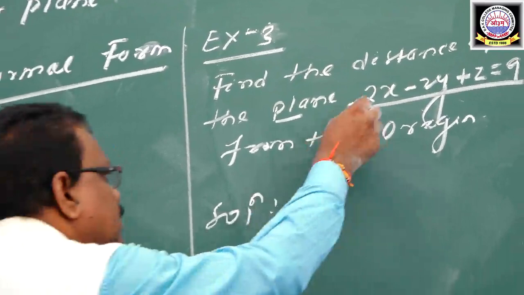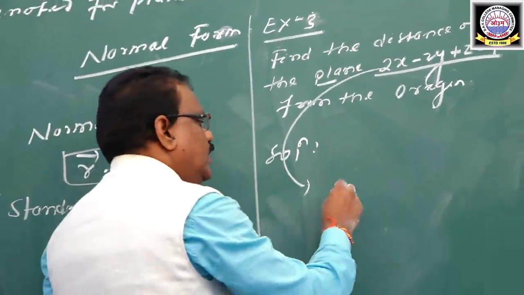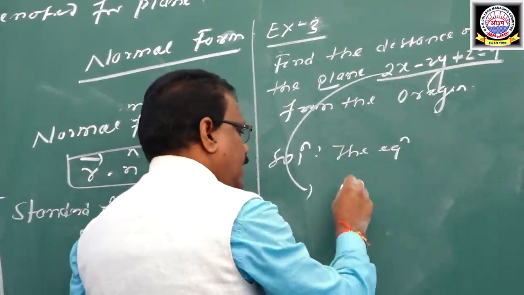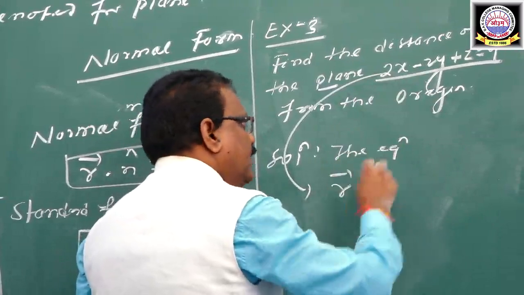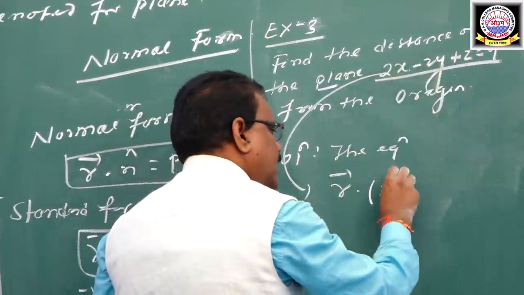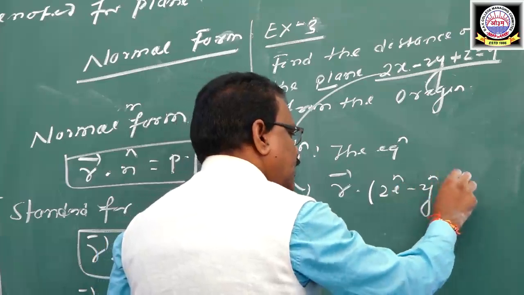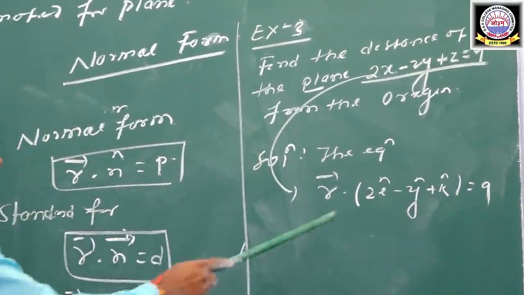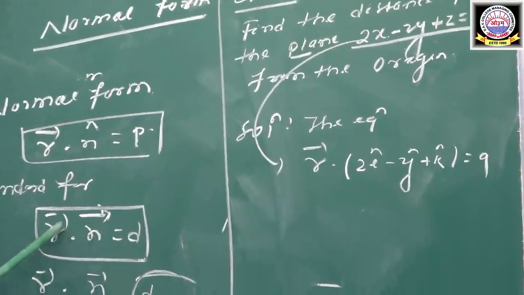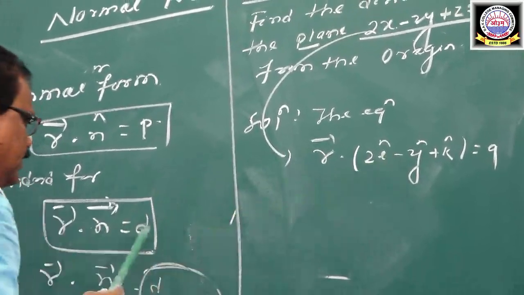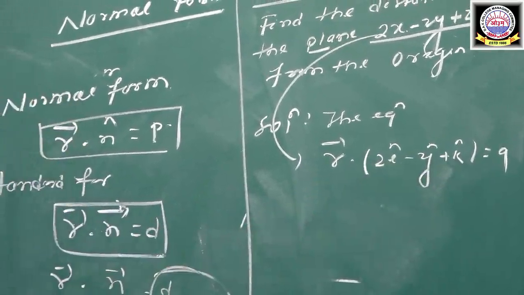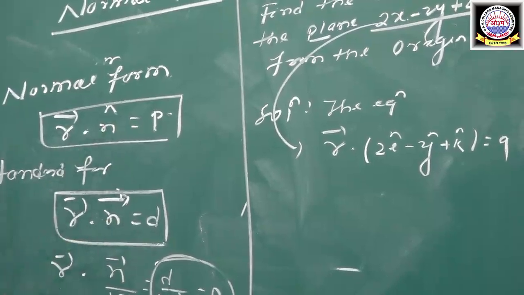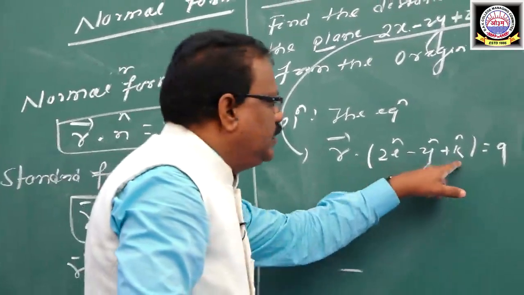So, let us convert this equation to the standard form. We already know the equation of the plane: r dot n vector, with coefficients of x, y, z, 2i minus 2j plus k, is equal to 9. My dear students, you see this equation is of this type: r dot n vector, and d is equal to 9 here. How will we convert it? I will make n vector into n cap, so I have to divide by its magnitude.